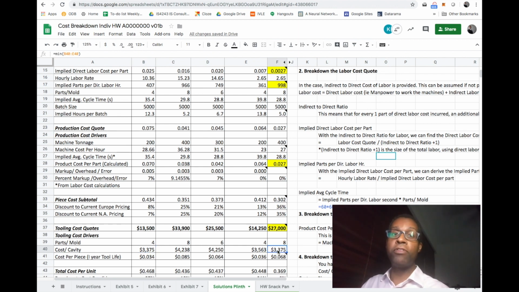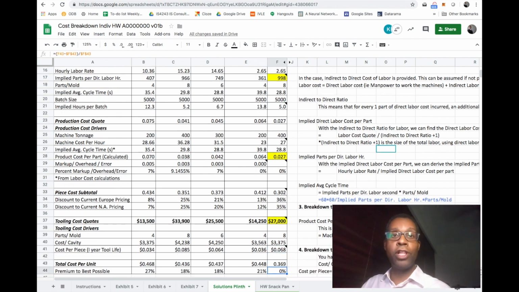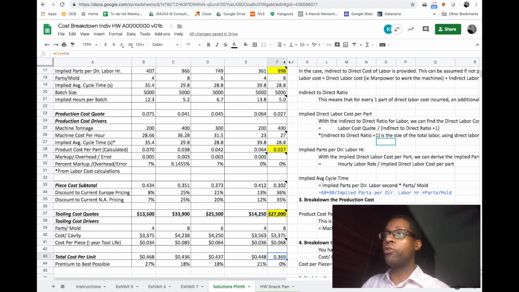So the highest cavities we can have, which is what we had before for the fastest speed, and that gives us $27,000. We take that over the lifetime of 1 year, still the 400,000 pieces, and we get not the best, 0.068, but adding it all together, and we do still have the total best cost per unit of 0.369.